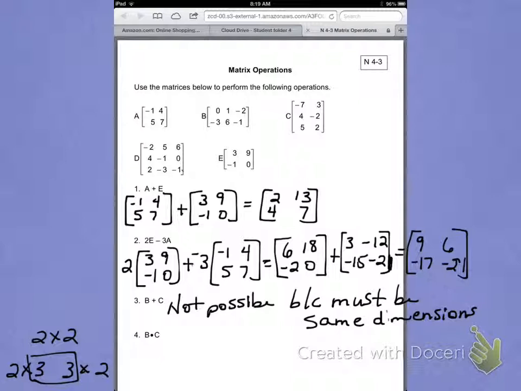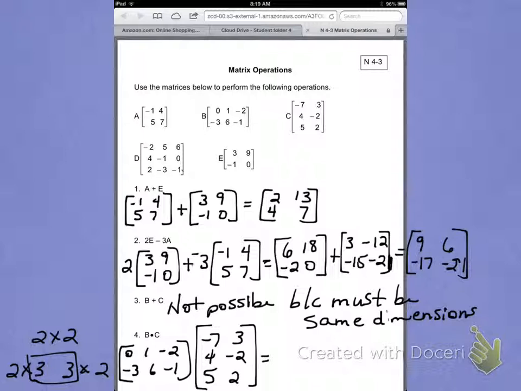So let's first write down the matrices that we're going to multiply. B is 0, 1, negative 2, and negative 3, 6, negative 1. And C is negative 7, 4, 5, and then 3, negative 2, 2.